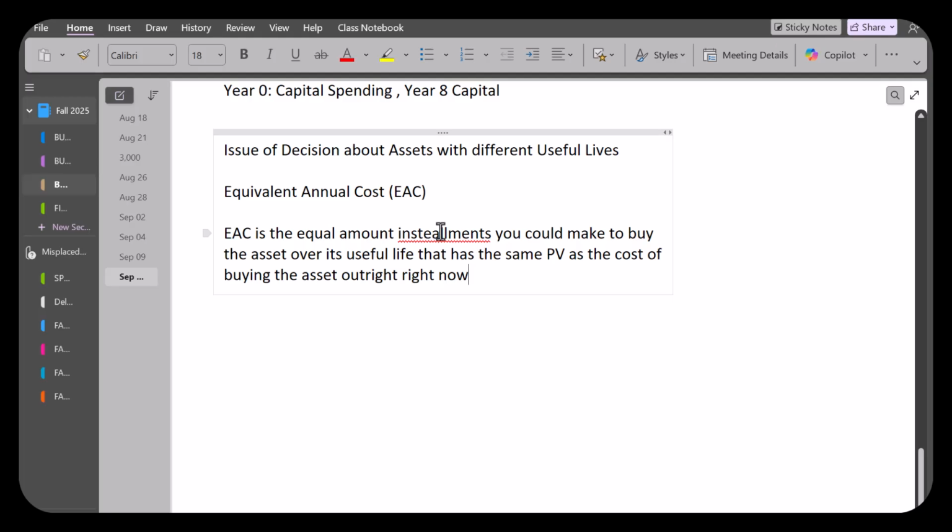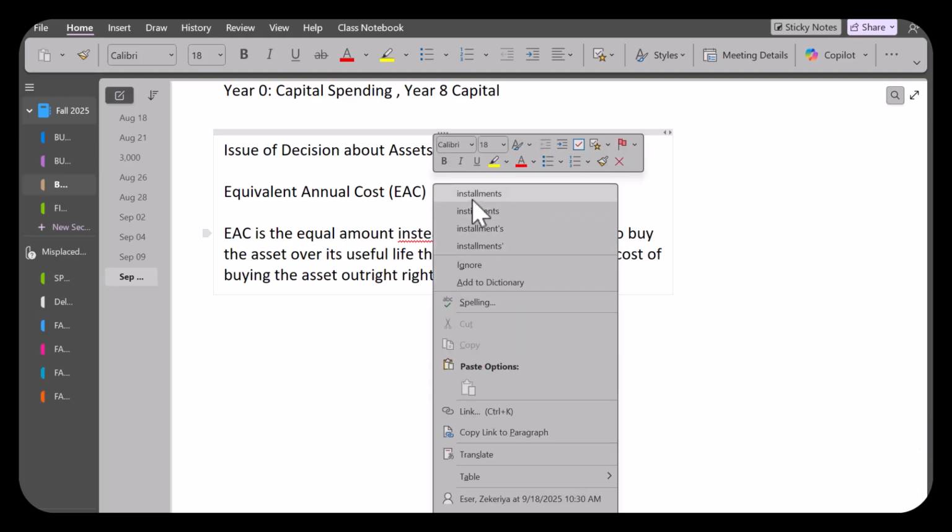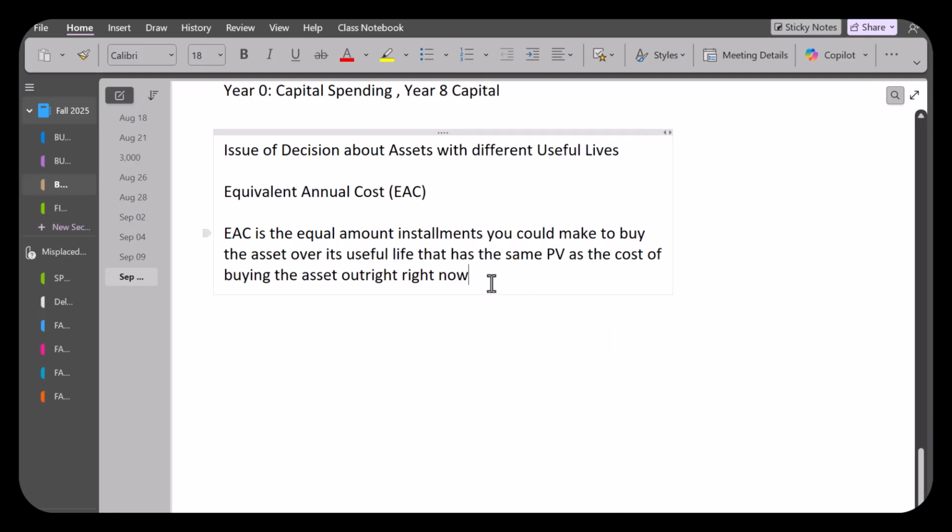So if I have an asset that costs $3 million right now, I can either pay $3 million or I can say, how about if I made three installments? What would be those installments? This is similar to a mortgage or a car loan. It's basically payment on an annuity.